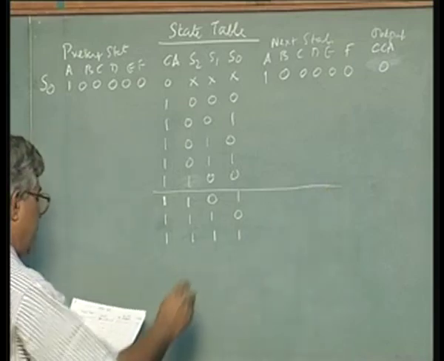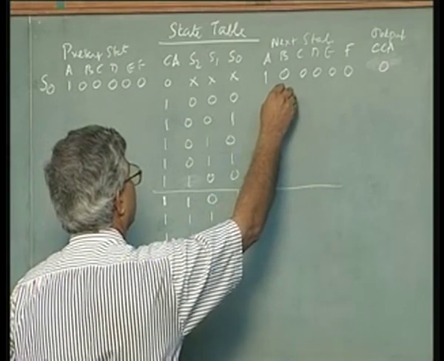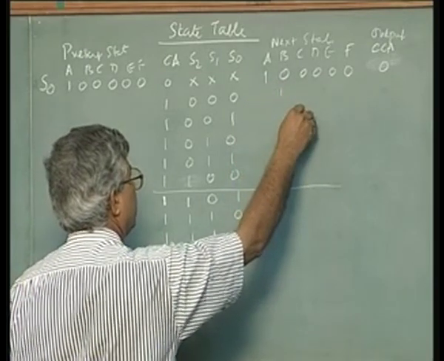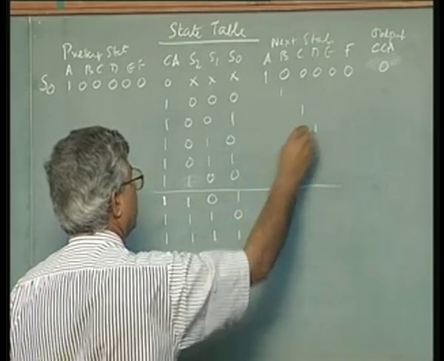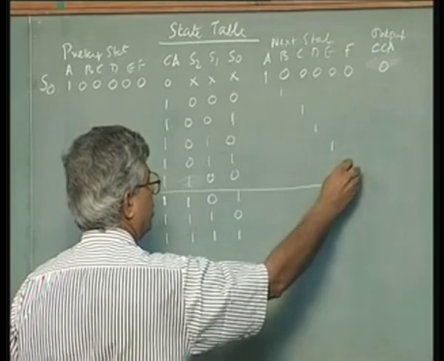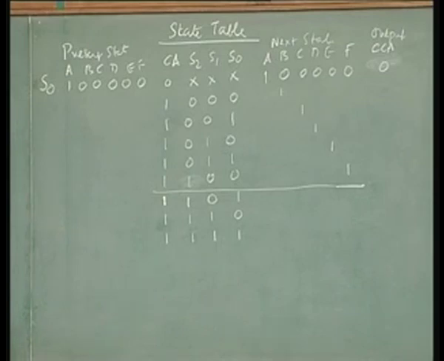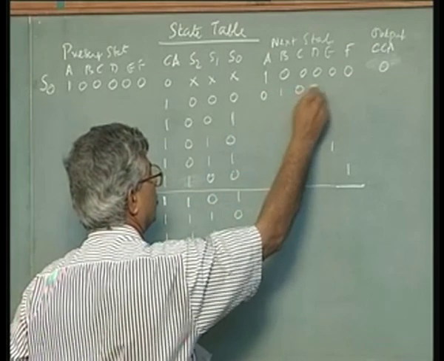We are going to be in state A, this is going to be in state B, state C, state D, state E, and state F. Now all others are 0 because of the one hot method I told you.